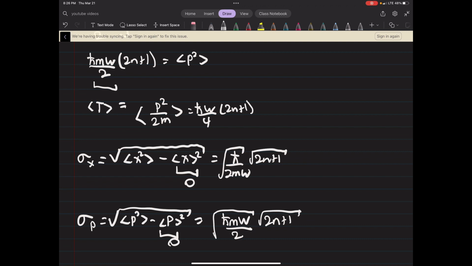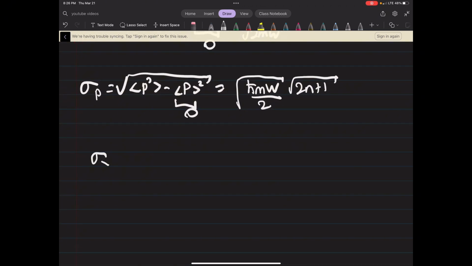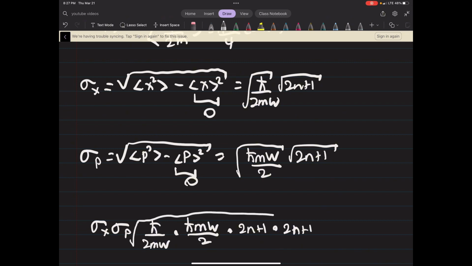And then we want to see what sigma x times sigma p is to make sure that our uncertainty principle holds. So we have h bar over 2m omega times h bar m omega divided by 2, times 2n plus 1 times 2n plus 1. All of this is under the square root.